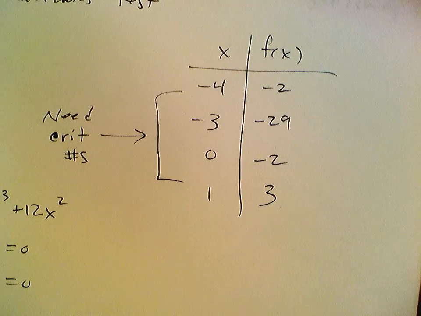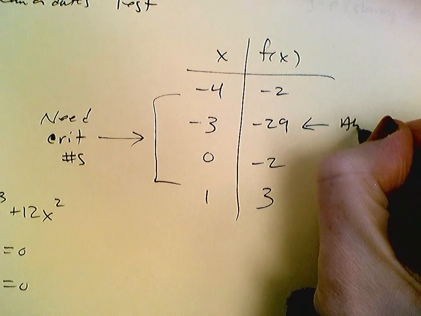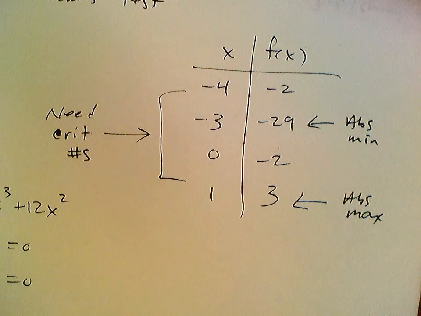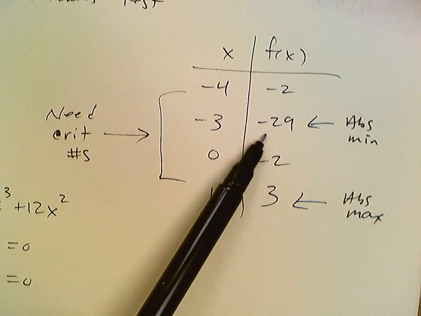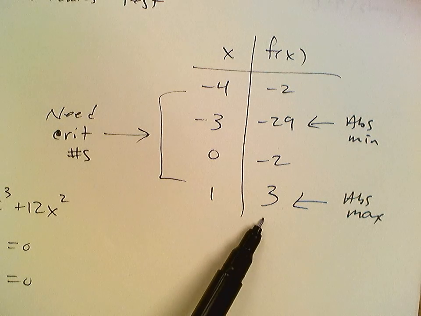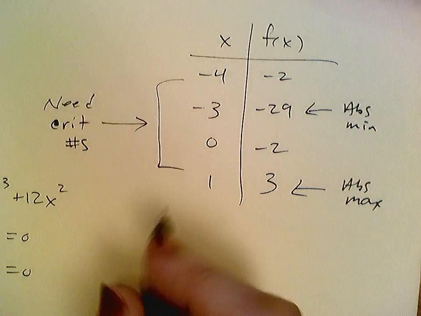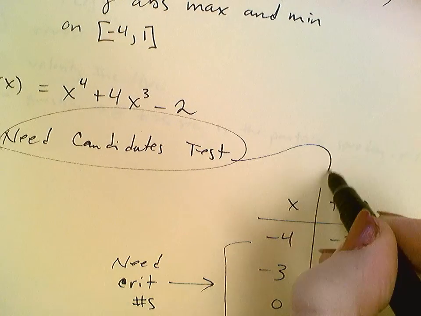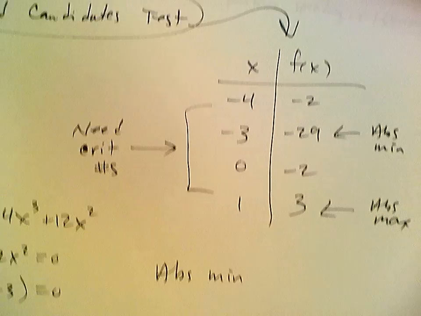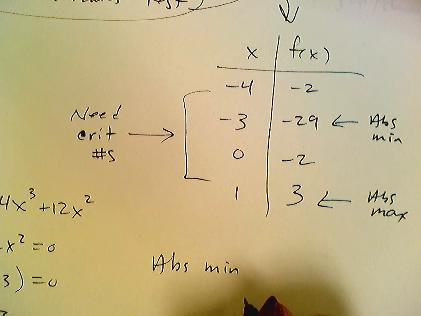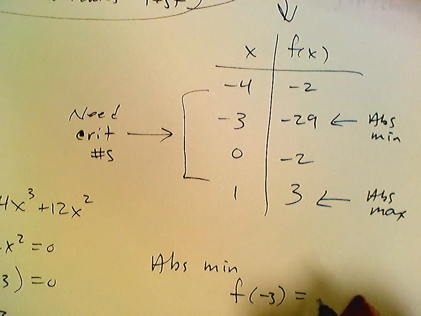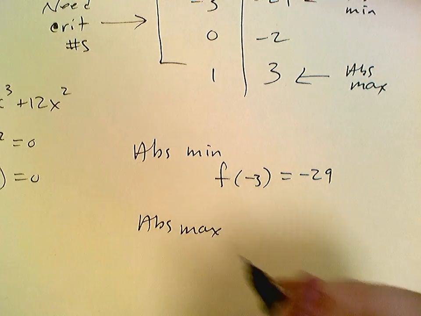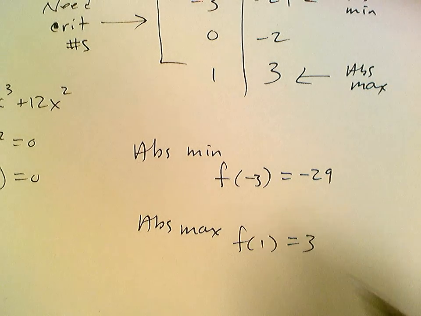All right, so you're looking for the absolute min, you need the lowest y value overall, and for the absolute max, the highest y value overall. So absolute min. Oh, and by the way, this is the candidates test showing this table. So the absolute min is f of -3, which is -29. And then the absolute max is f of 1, which is 3.